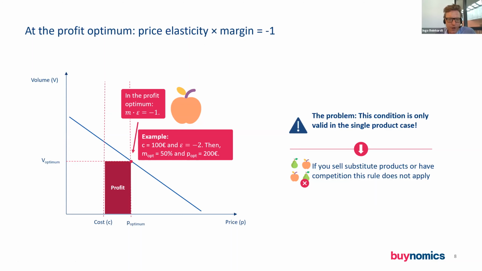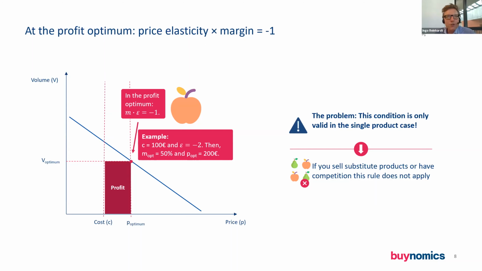So you know that the profit optimal price in this case is 200. So you typically know your cost. If you then know your price elasticity, you know your optimal price, your profit optimal price. In this case, it's 200.